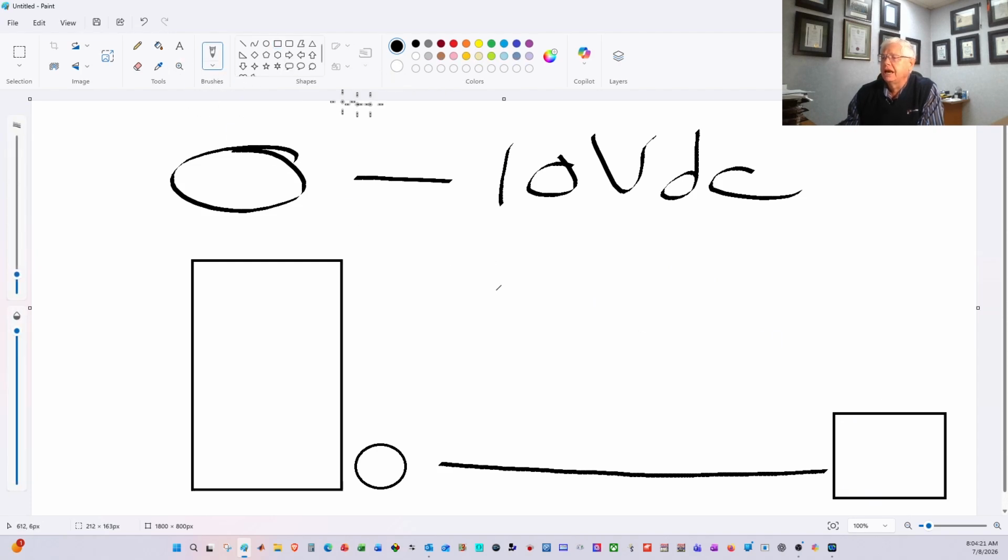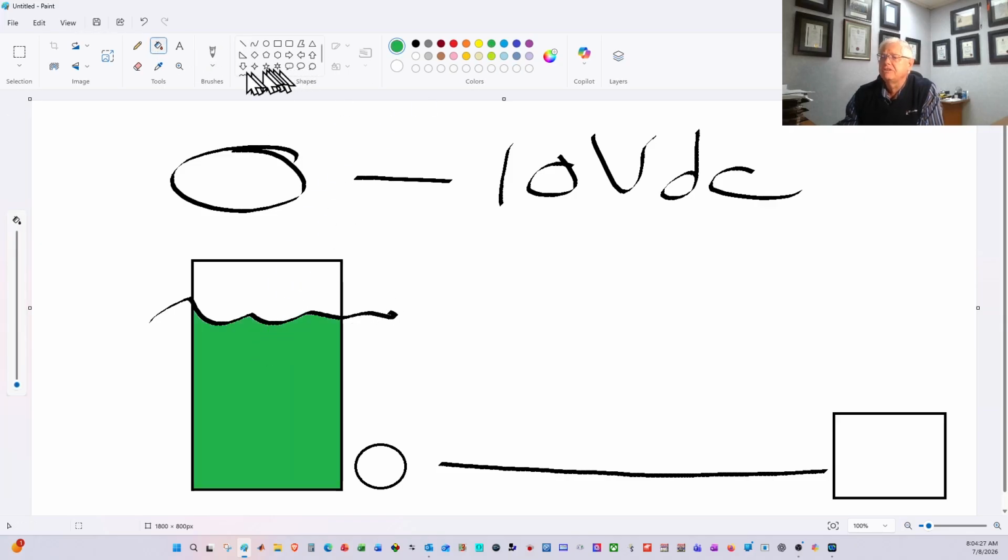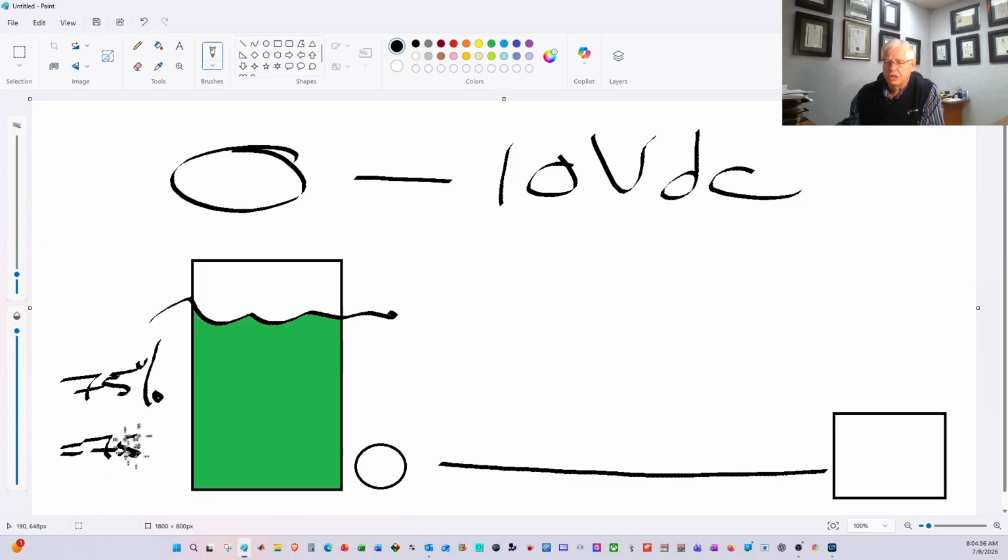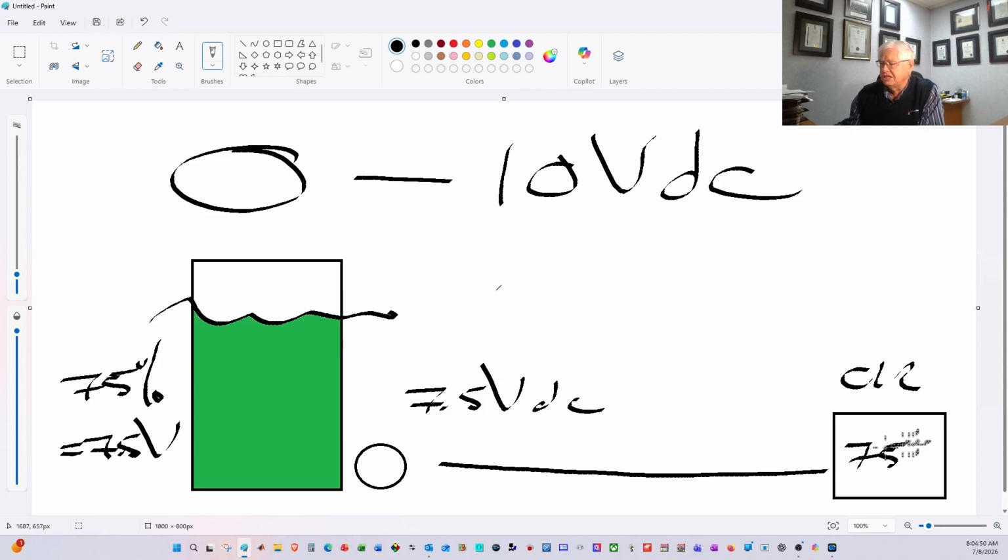If you had a level inside the tank, and let's say that level was at 75%, well, then the easiest thing was just to say 75% would be equal to 7.5 volts. So if we were to send 7.5 volts DC from the instrument to the control room, that 7.5 volts would get to the other side, and that would give us an indication of 75%.